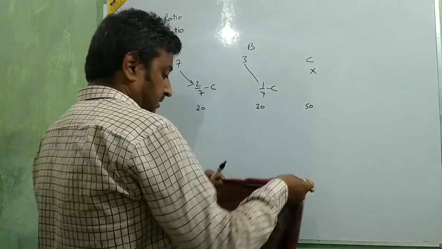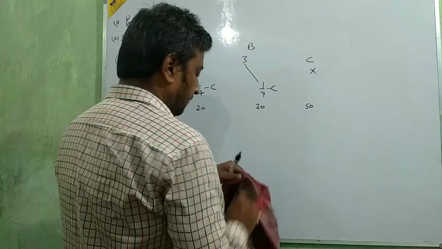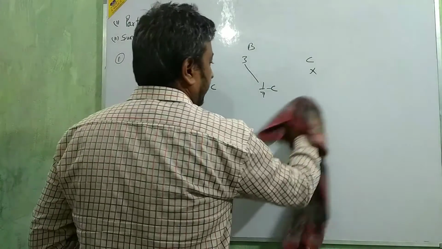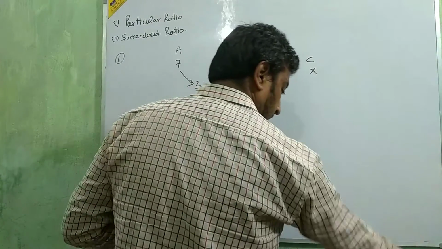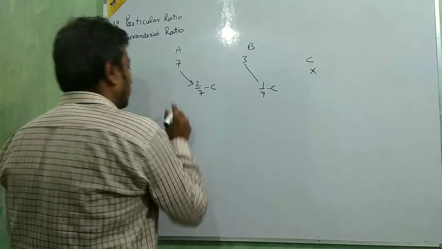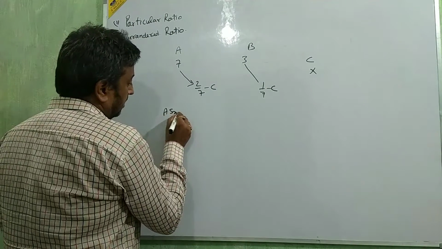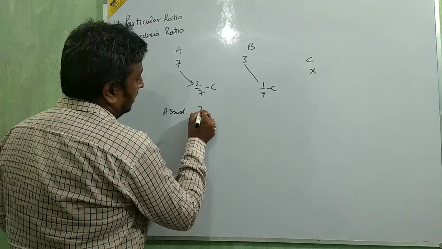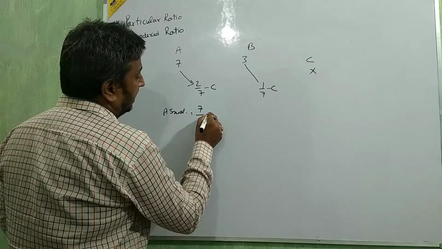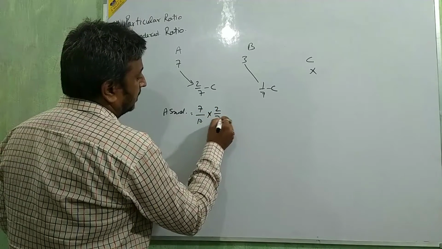First, we are going to calculate the surrender ratio. A surrenders 7/10 into 2/7.